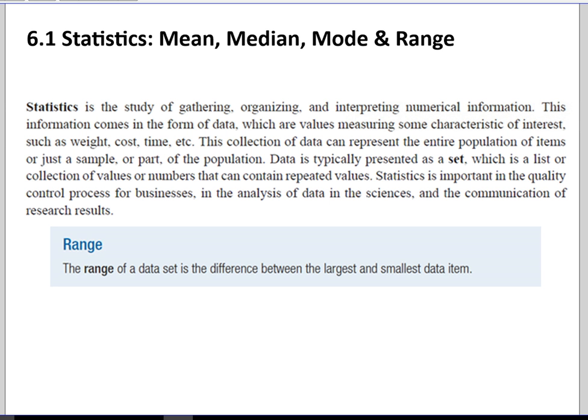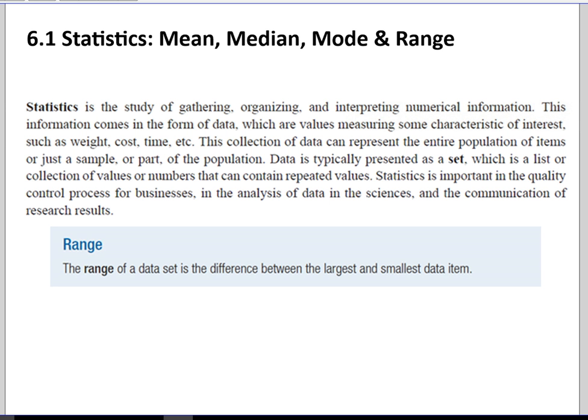This information comes in the form of data, which are values measuring some characteristic of interest, such as weight, cost, time, etc. This collection of data can represent the entire population of items or just a sample or part of the population. Data is typically represented as a set, which is a list or collection of values or numbers that can contain repeated values.